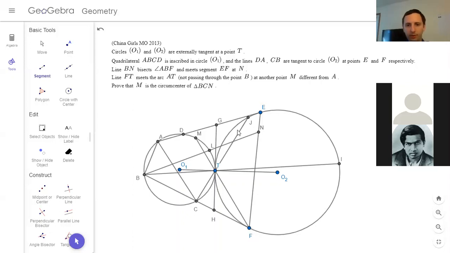So I guess if we could show the distance. I'm thinking maybe we can use the incenter-excenter lemma somehow.